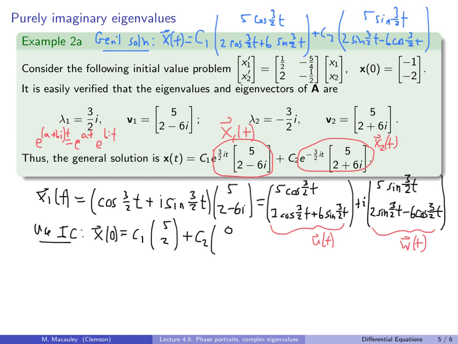And then the bottom, we're going to get 2 times 0 minus 6 times cosine, so that is a negative 6 on the bottom. Yes, that's correct. Okay, so we set this equal to -1 and -2.